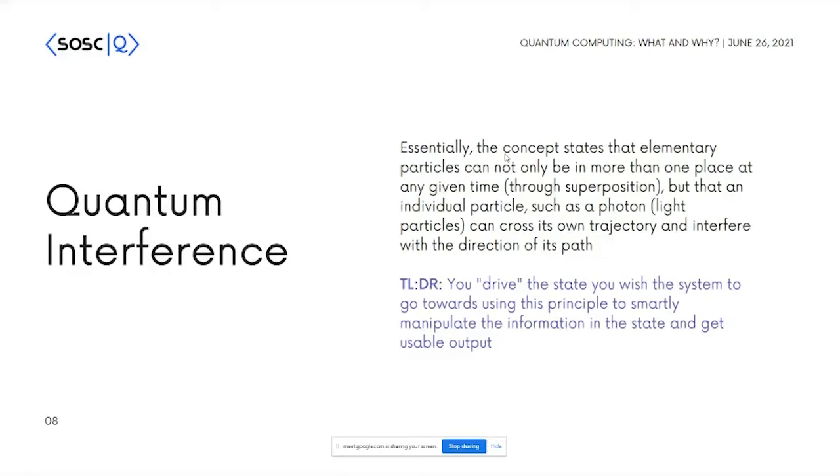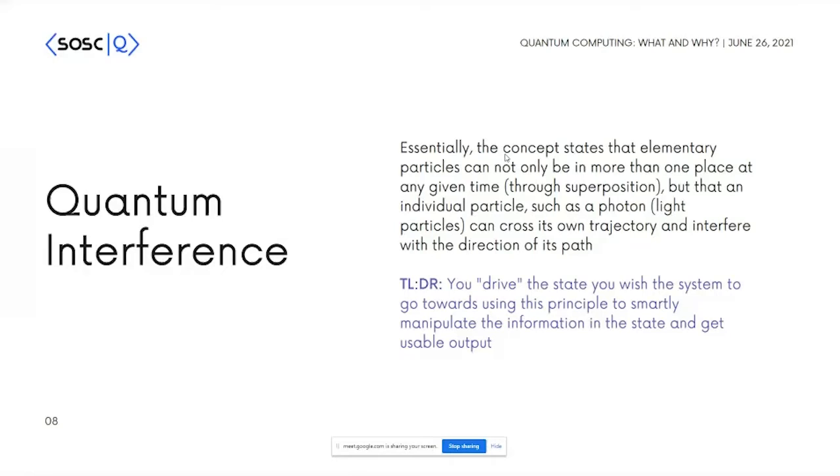So if we have a 2 raised to 64 system, we can work with 2 raised to 64 states, but we cannot really get 2 raised to 64 outputs. We can only get 64-bit outputs. So now the idea is that there are so many states, and you want to somehow smartly manipulate the state in such a way that you get your information from those 2 raised to 64 states into 64 bits.